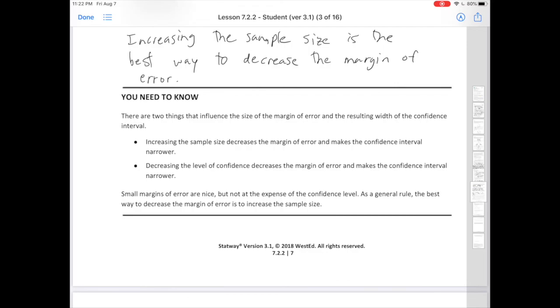Decreasing the level of confidence decreases the margin of error and makes the confidence interval narrower. So both of these things do. This next sentence is the most important part though, okay? Small margins of errors are nice, but not at the expense of the confidence level. As a general rule, the best way to decrease the margin of error is to increase the sample size.